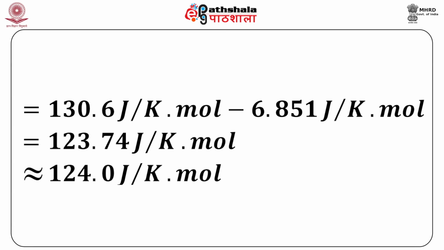Now, if we subtract 6.851, we get 124.0, which is the same as the experimentally determined entropy value. So, you can see that nuclear statistics really explains the concept of ortho and para hydrogens.